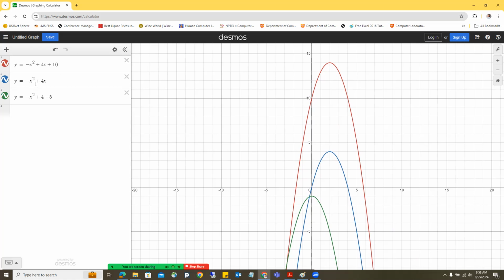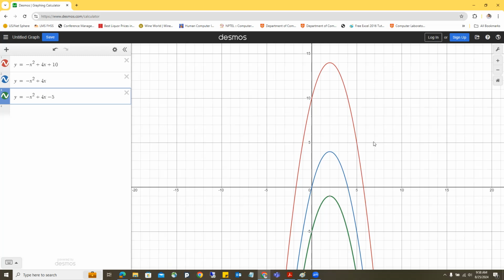Here we have minus x squared plus 4x, the blue one. And the green one is minus x squared plus 4x minus 5. So, what do you think? What has happened to these? Minus moves it down and plus moves it up.